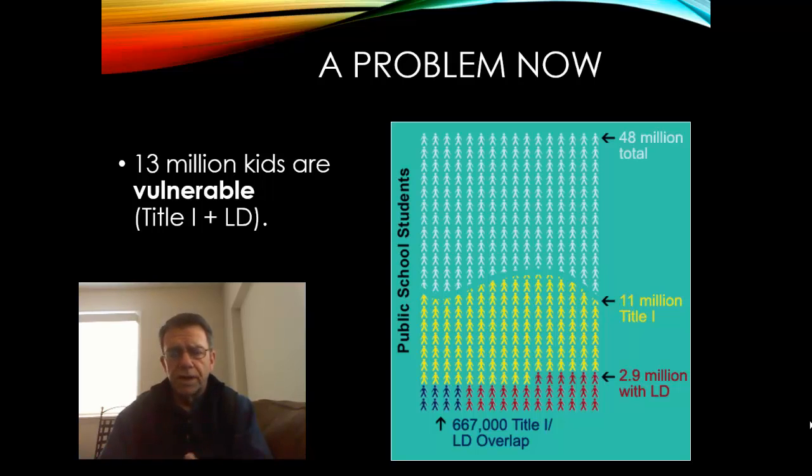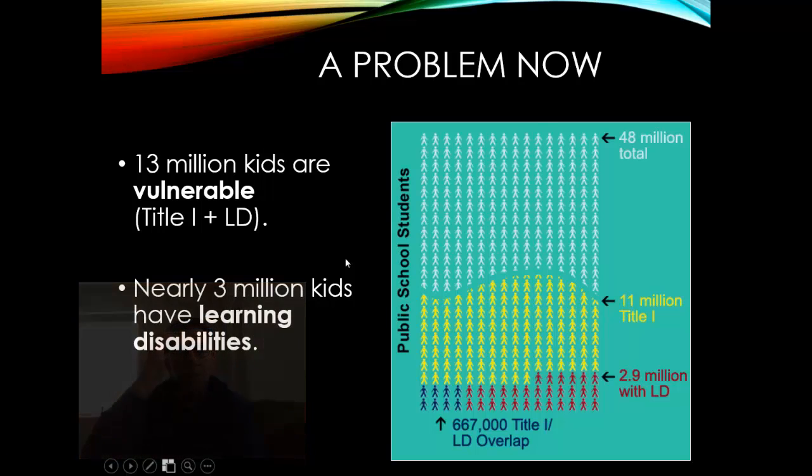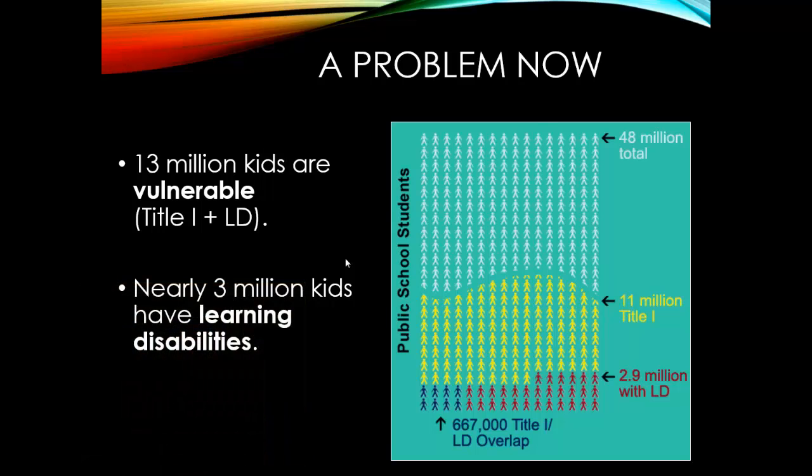And right now there are 2.9 million students with learning disabilities. So that group is what we would consider at risk. Nearly 3 million kids have learning disabilities, and so there's an overlap of about 667,000 Title I kids.